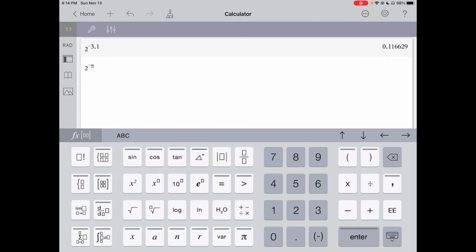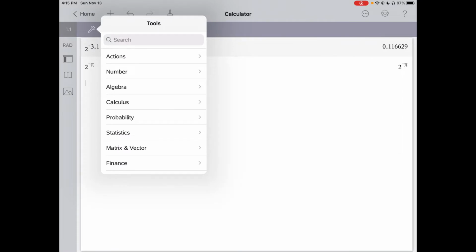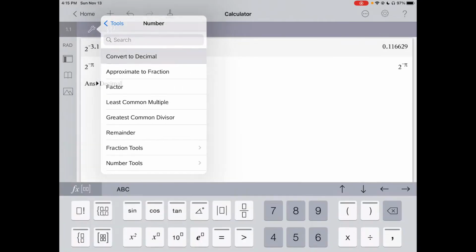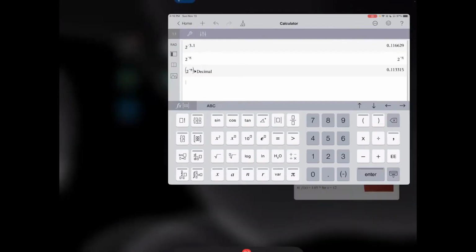It doesn't want to give me a decimal. Typically, your calculators won't. So in this calculator, I am going to actually have to convert it to a decimal. So that's what I'm going to do to be able to get that value. And I get 0.113. So f of pi is approximately 0.113.